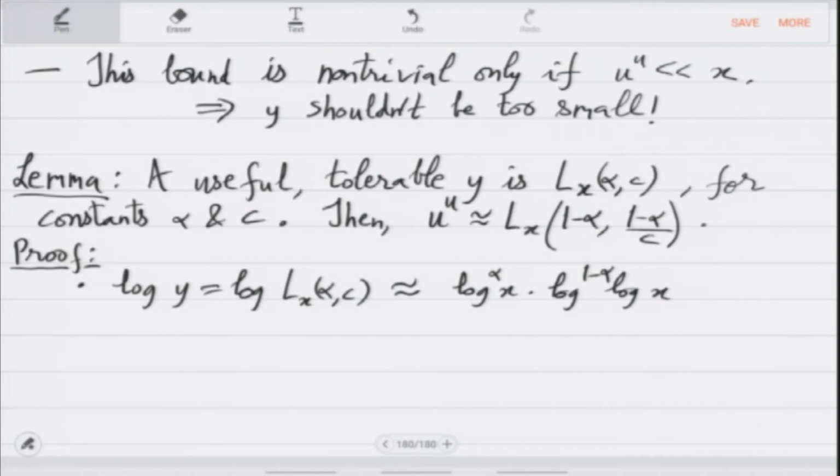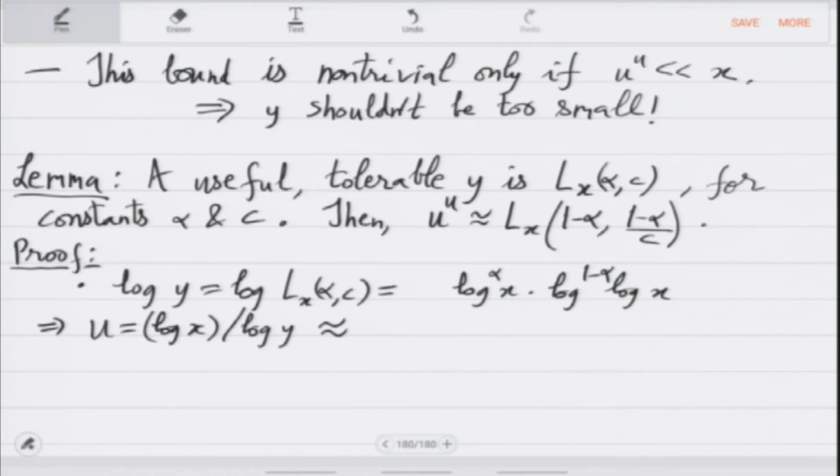So what is u? You just want to divide log x by the above quantity. Let me make this exact because I need that.